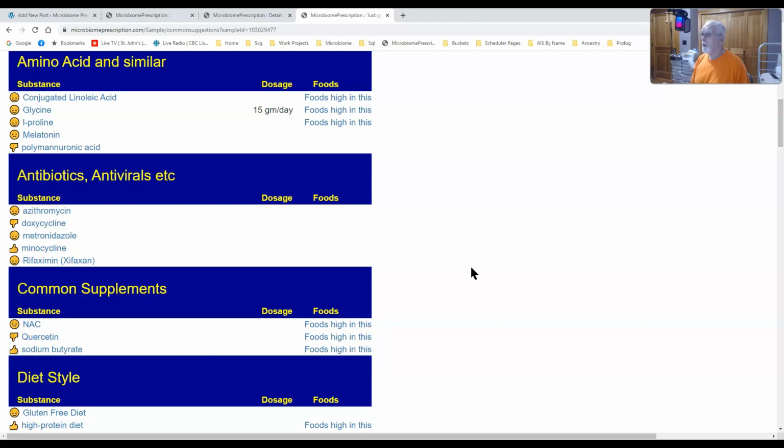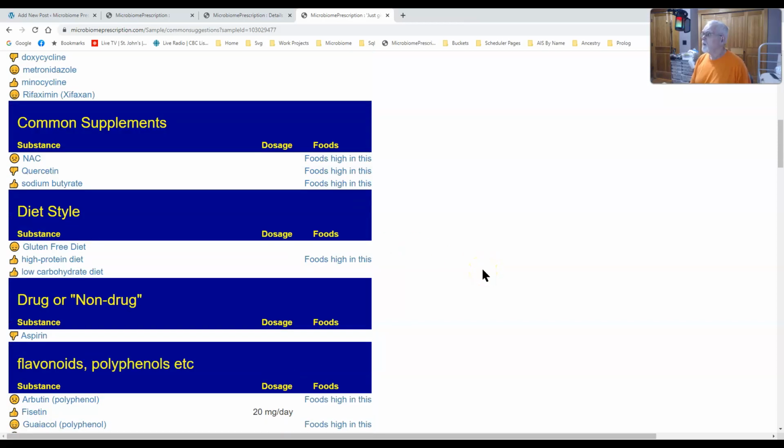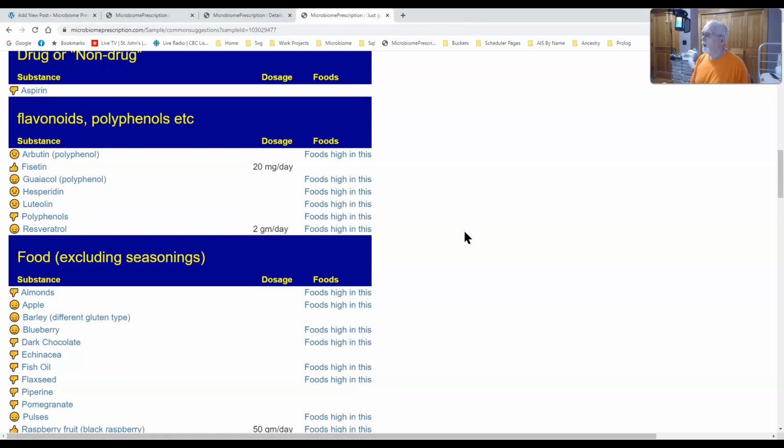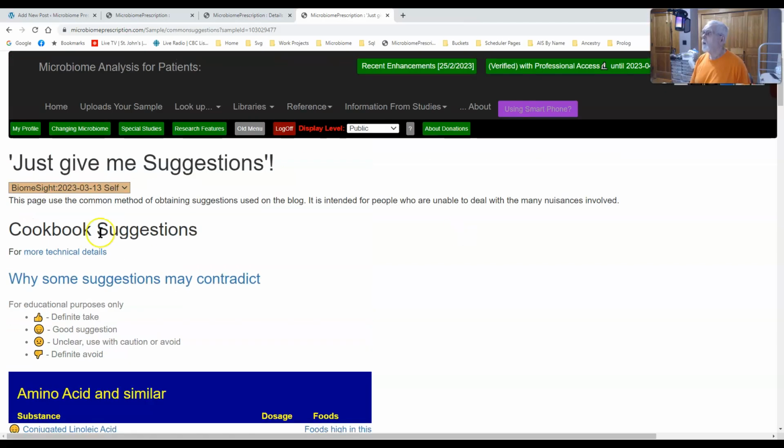In this case, he has had 2, possibly 3 different types of antibiotics in the recent past, and the degree of resistance goes up with this copri when they're there. So antibiotics are problematic. Then we have common suggestions, things to do, things not to do. Sodium butyrate is something to increase.